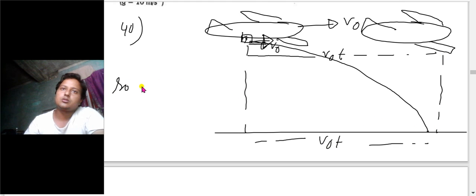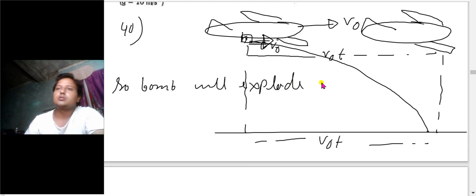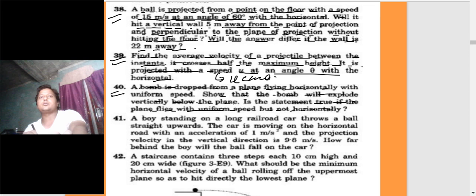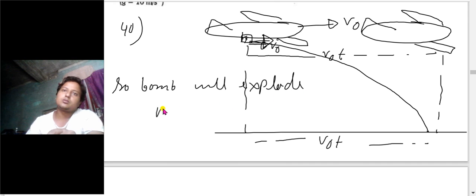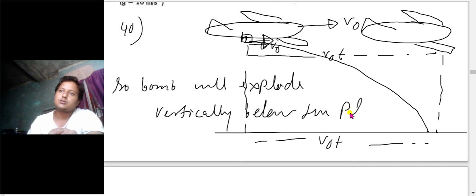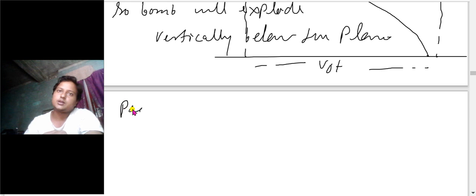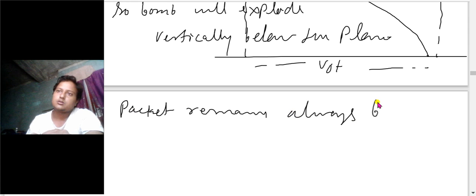So the bomb will explode vertically below the plane. Or if it is a packet, it remains always below the plane.